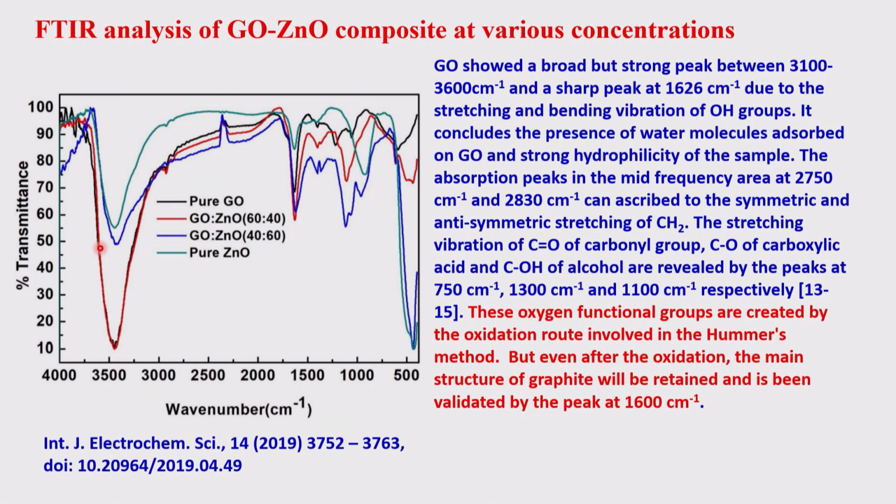So what are we trying to look at? We are trying to look at, when you put this zinc oxide onto the graphene oxide, whether these are interacting with each other, and whether the zinc oxide formed its own structural features on the surface of the graphene oxide, and that is what we look for.